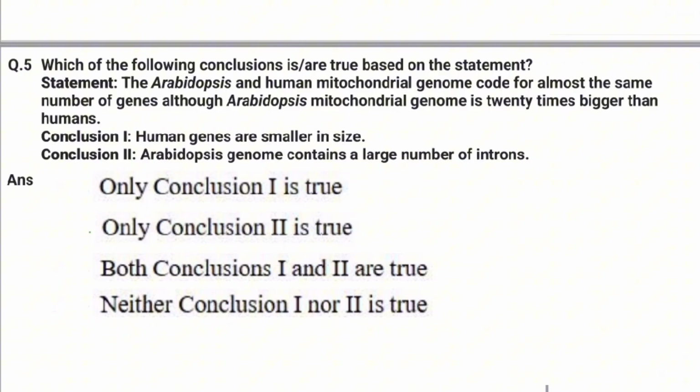Conclusion 2: the Arabidopsis genome contains a large number of introns. The options are: only conclusion 1 is true, only conclusion 2 is true, both conclusion 1 and 2 are true, neither is true. The correct answer is only conclusion 2 is true.